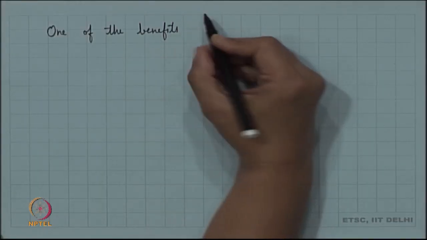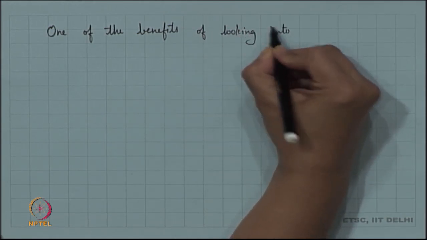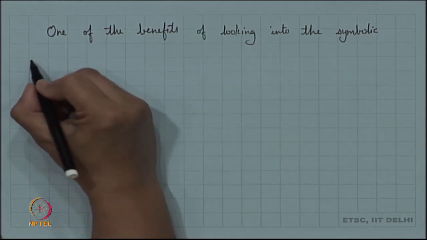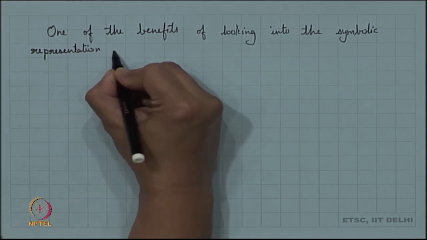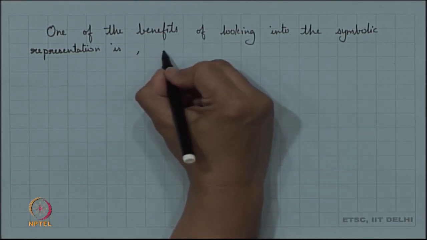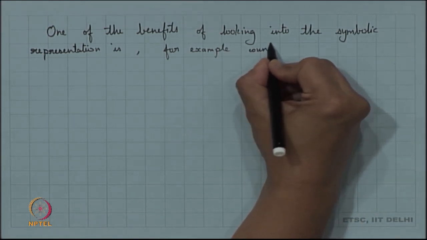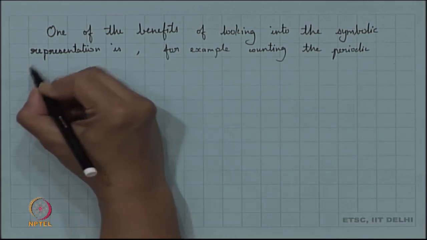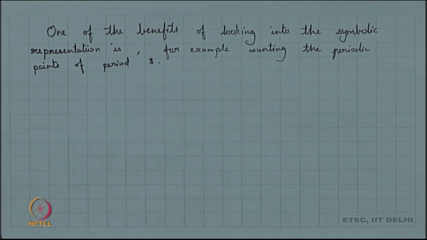One of the benefits of this representation is, for example, counting the periodic points of period, say, 3.